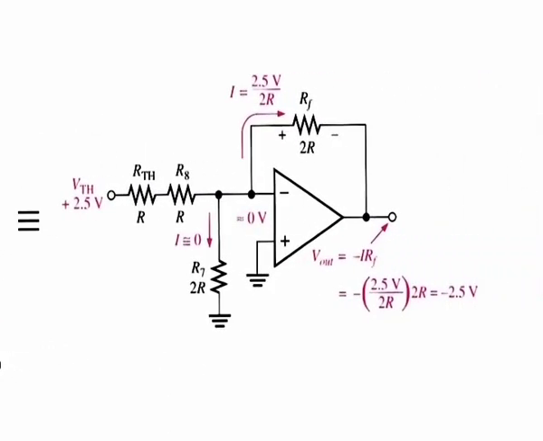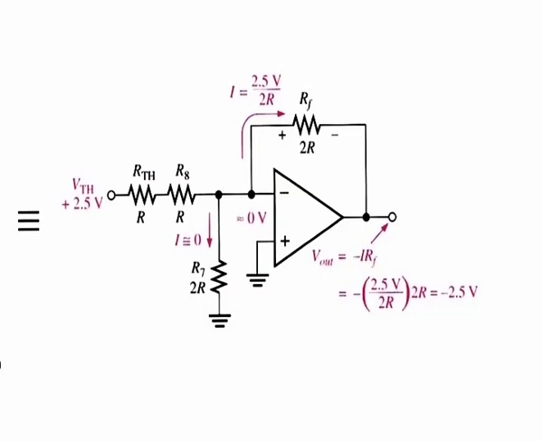So, looking from R8, we get 2.5 volt in series with R as shown. This results in a current through RF of I equal to 2.5 volt divided by 2R, which gives an output voltage of minus 2.5 volt.